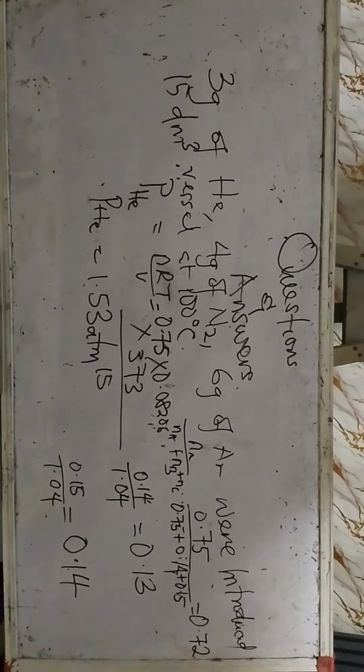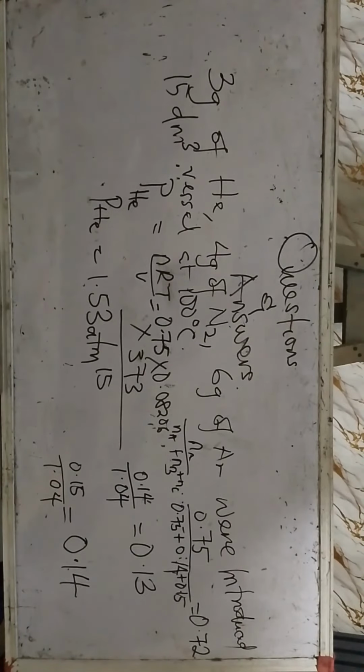Make sure you always put your unit, because without the unit, you are not actually telling the person that you are looking for pressure. So you have to put your units. If it is a JAMB question where you don't need to show workings, the units are very important. Okay, so now we move ahead to calculate the partial pressure of nitrogen gas.